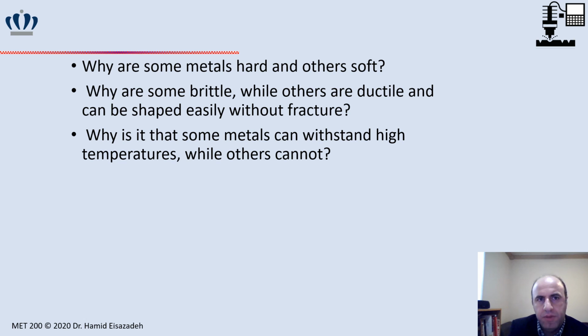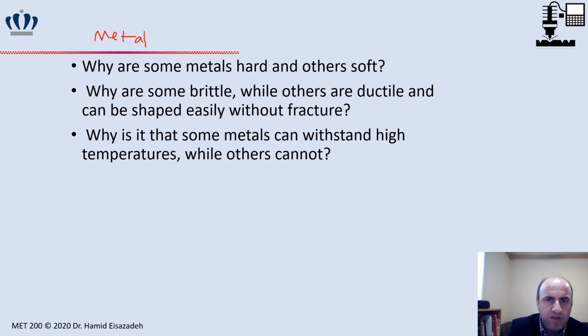Back to metal. It's important for us to answer some questions. Once we answer these questions, then we can use them as a guide to predict material behavior and material characteristics in the manufacturing processes.